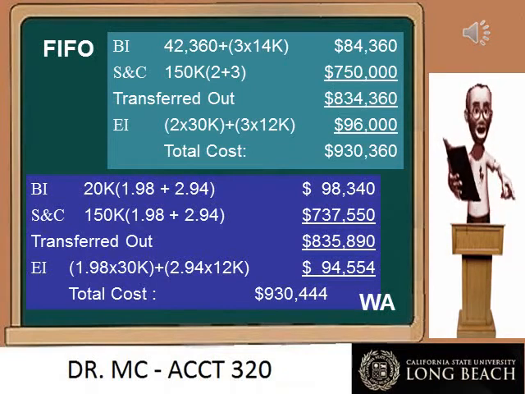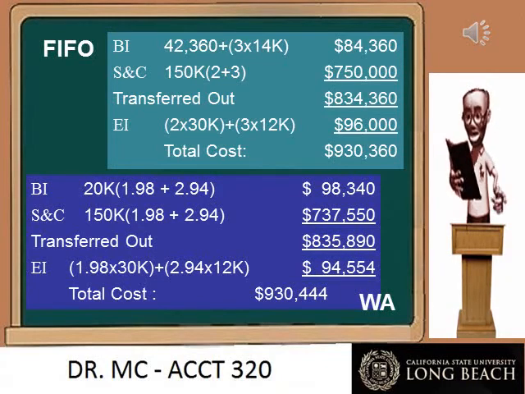With respect to the started and completed units, their cost is calculated by multiplying 150,000 units by $1.98 plus $2.94. With respect to the ending inventory, their cost is calculated by multiplying 30,000 equivalent units by $1.98 and adding that to 12,000 equivalent units multiplied by $2.94.